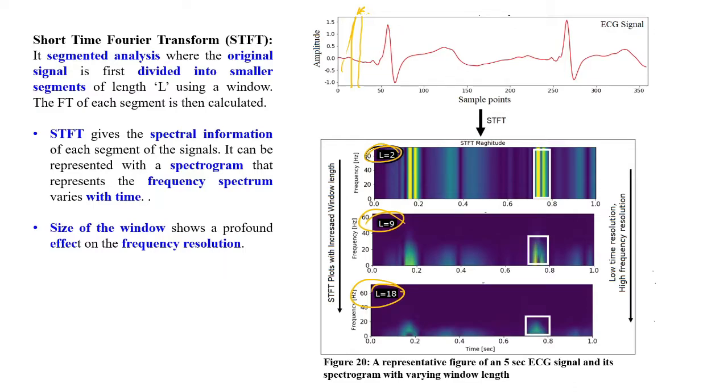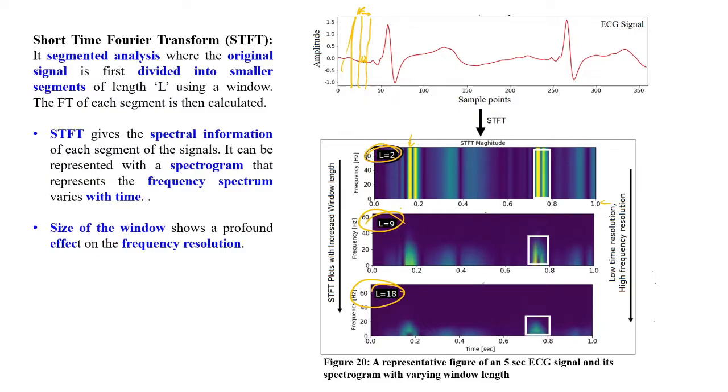Again, this window is moved to the next side, the next signal component is extracted, and we again perform the Fourier transform. So this is the time, this is the frequency. At a particular time, you can see what frequency component is present, and the amplitude is shown on the z-axis with color information. So here you are getting all three components: time, frequency, and amplitude.